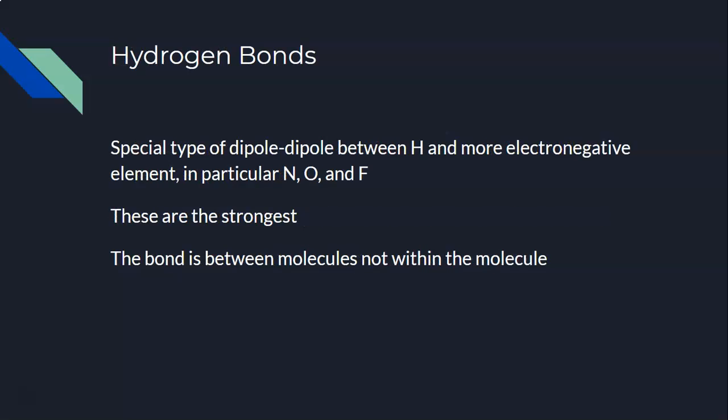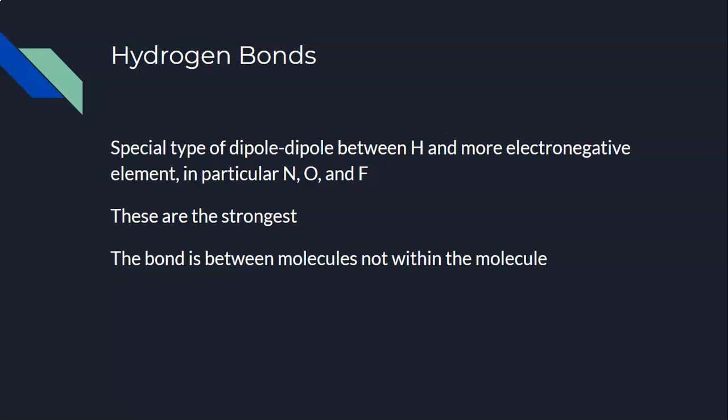The strongest are hydrogen bonds. Now, this is a special dipole, but it's between hydrogen and more electronegative elements, particularly nitrogen, oxygen, and fluorine. So hydrogen bonds only occur if another element has nitrogen, oxygen, or fluorine in it. These are the strongest of the three intermolecular forces.